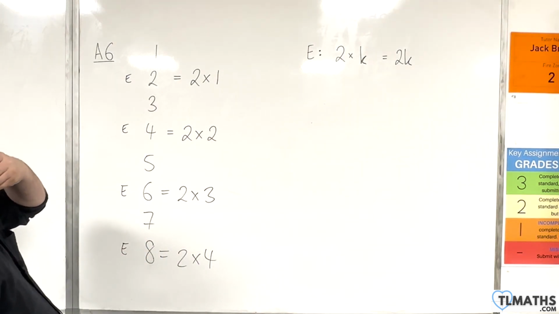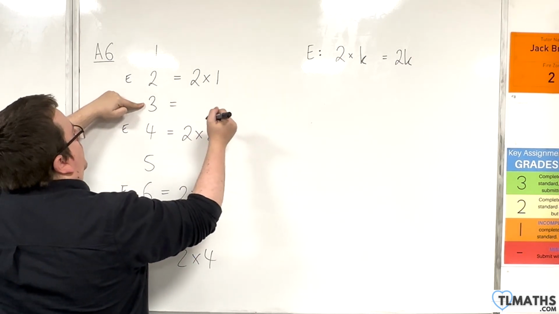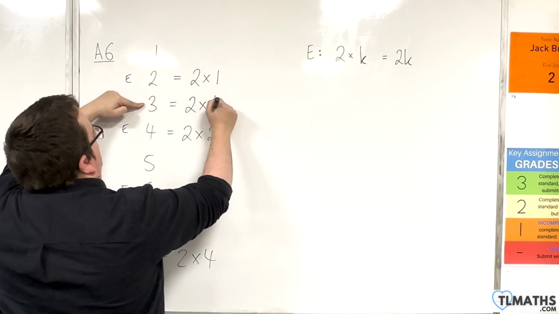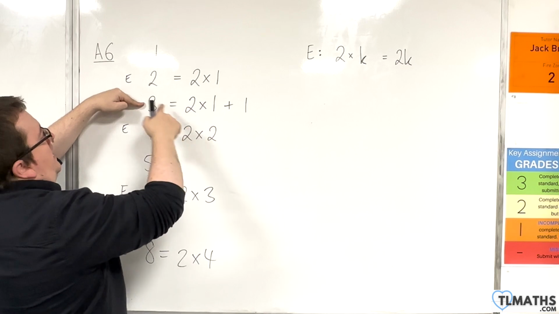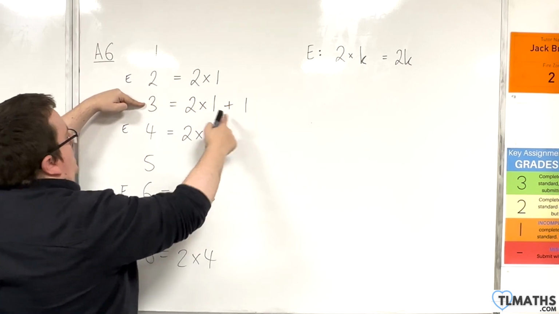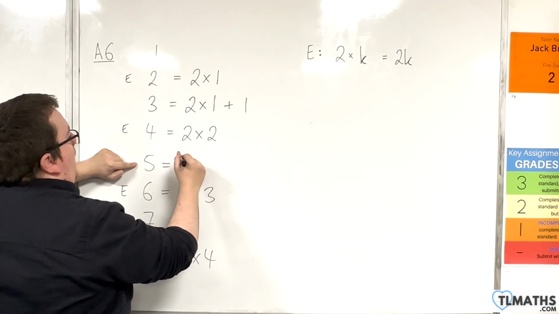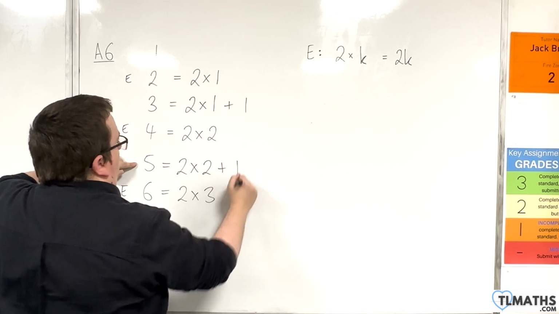Now, 3 can be written as 2 times 1 plus 1. So we could write 3 as the previous term plus 1. And we could write 5 as the previous term plus 1.